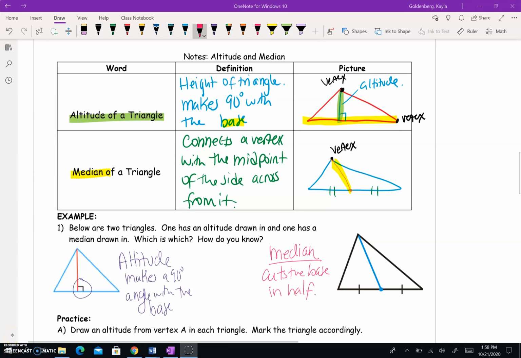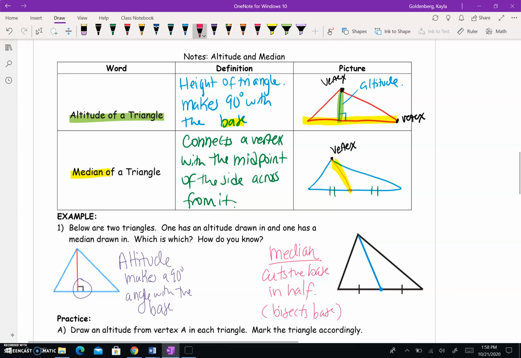Okay, so the first one's an altitude, right, because it makes 90 degrees with the base. The second one's a median because it cuts the base in half, or it bisects the base. If you like that way of saying it better, feel free to change the definition box.